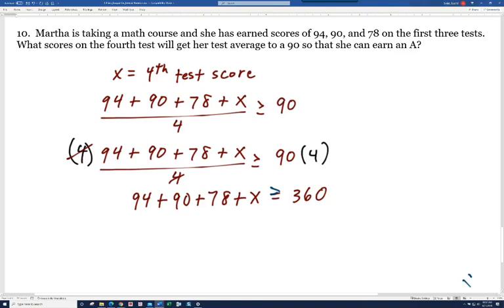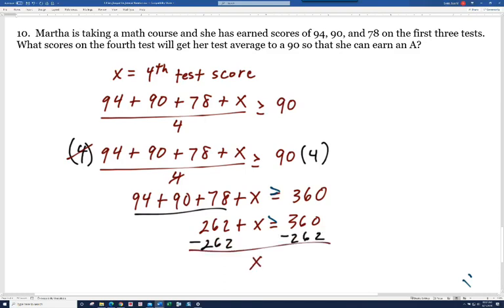Okay, so now I've got some like terms here. I can combine these numbers. I get 262 plus x is greater or equal to 360. And then finally, I'm trying to get x by itself, so I need to get rid of that 262. And so we're going to get x is greater or equal to 98.